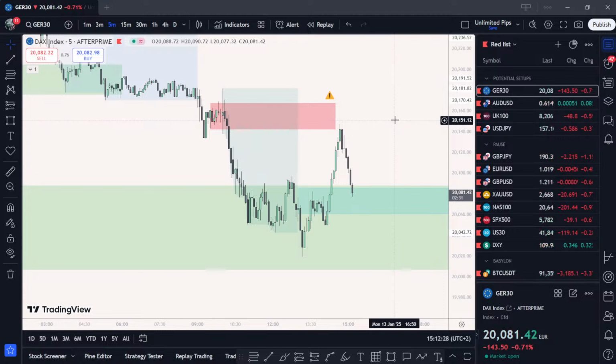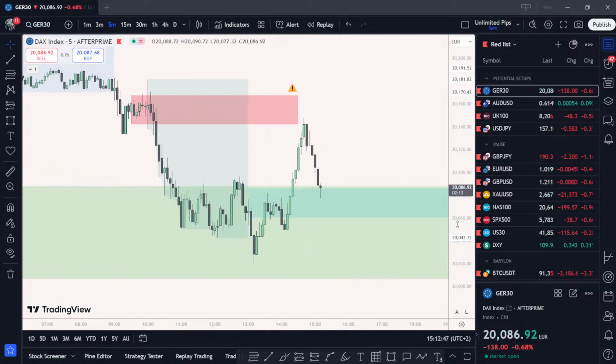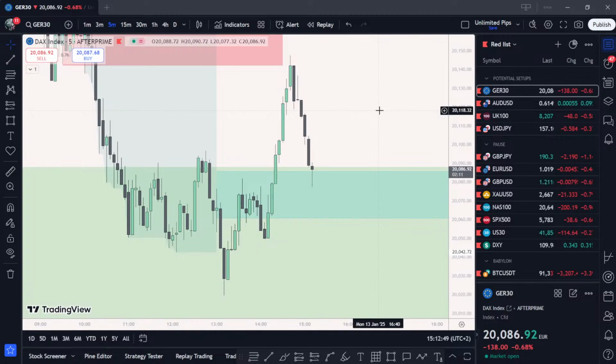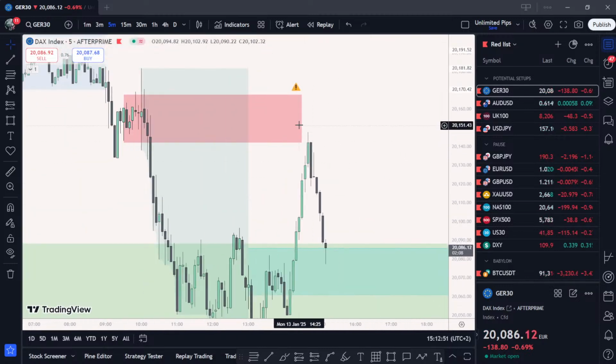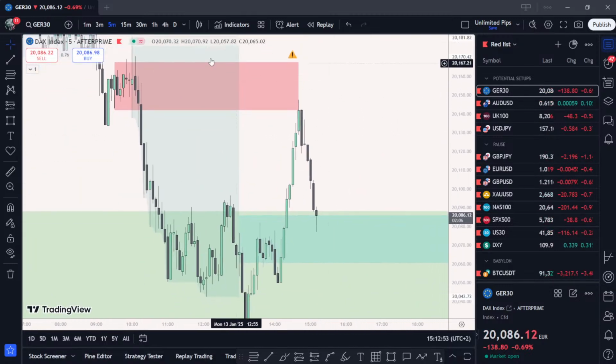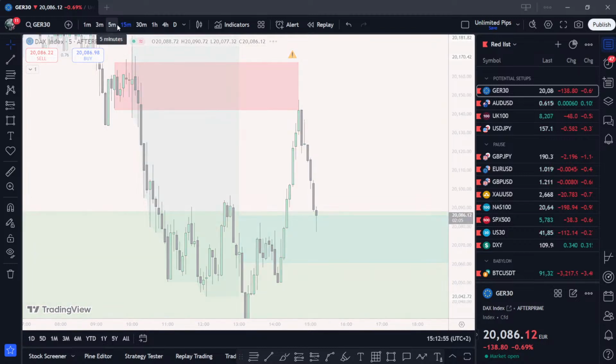This week we have CPI, so we've got to be a bit more careful than usual. And also, it's the second week of January, so just being a bit more cautious, you know what I mean? Let's see if we are rejecting almost instantly when we come towards our area, so we've got to see what happened here.